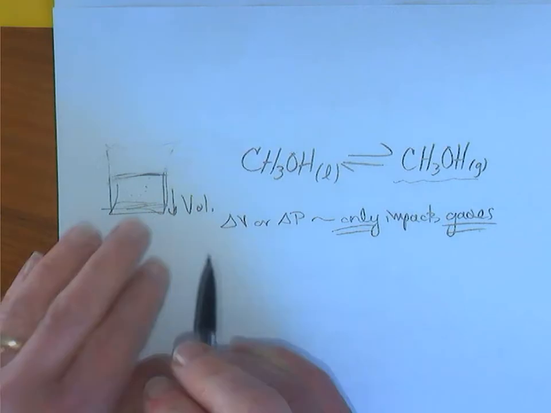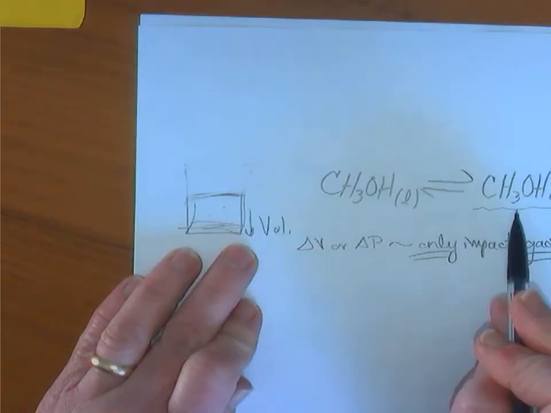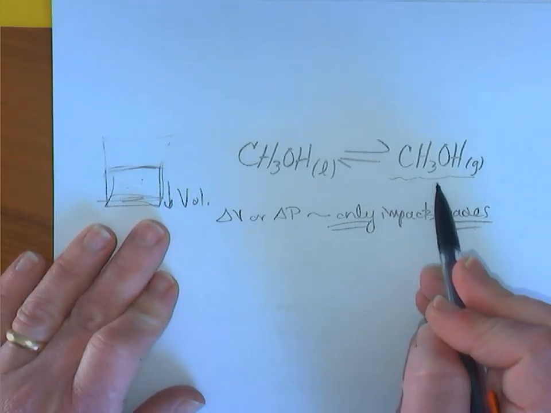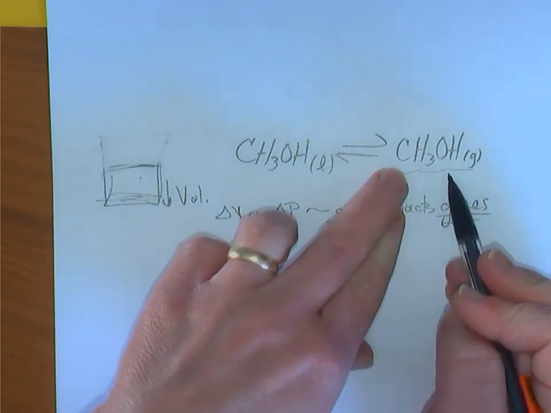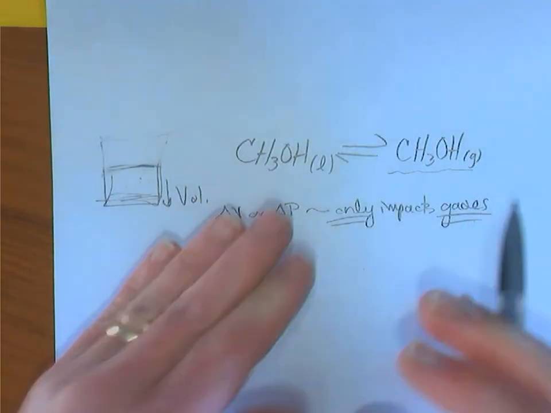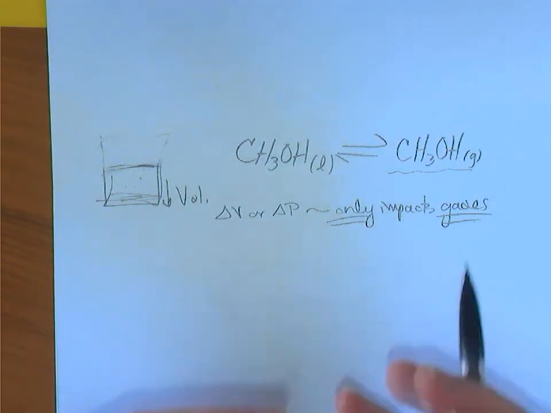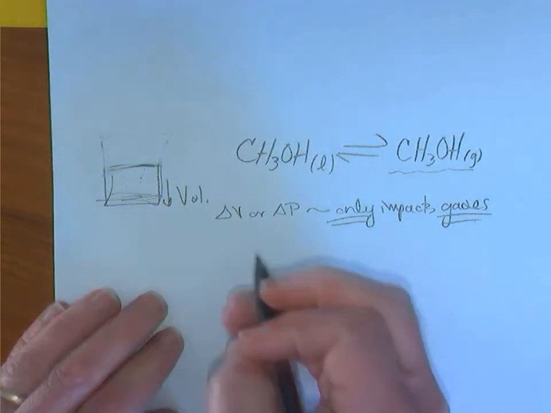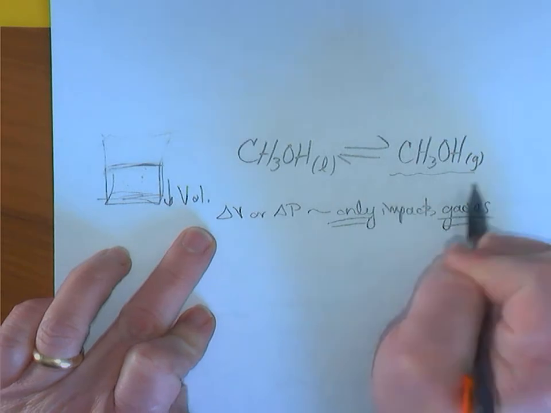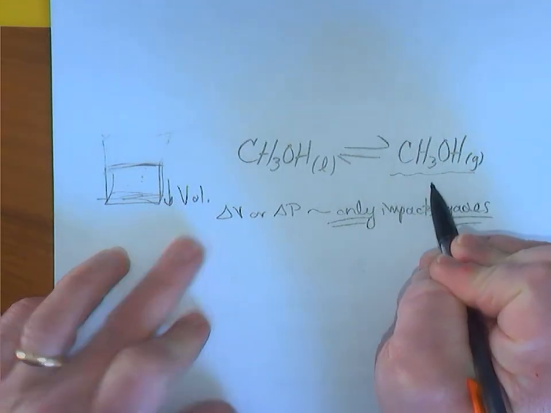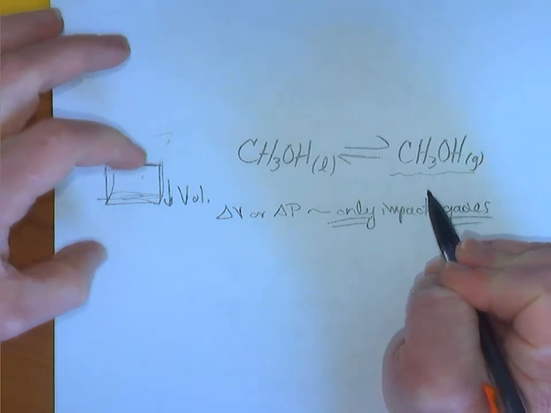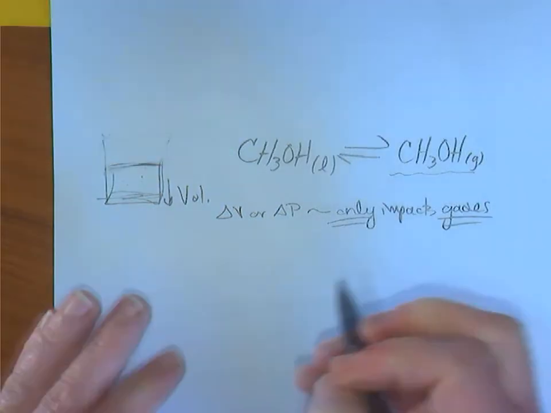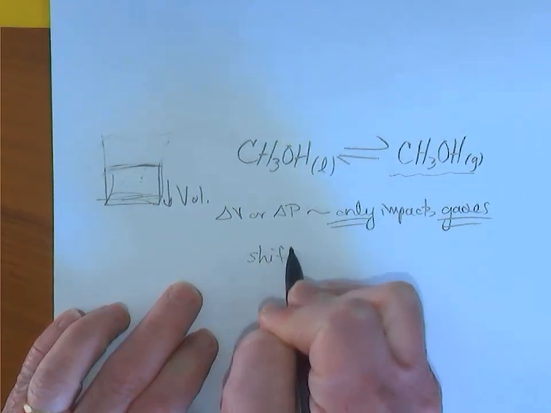So if we're decreasing volume, well, if we just think chemically what's going on, we're going to cause these to come closer. Now, we could just say that's going to encourage condensation. And so this gaseous side is impacted. Decreased volume, we're going to increase the pressure. So how do we relieve that stress? It's going to shift left.